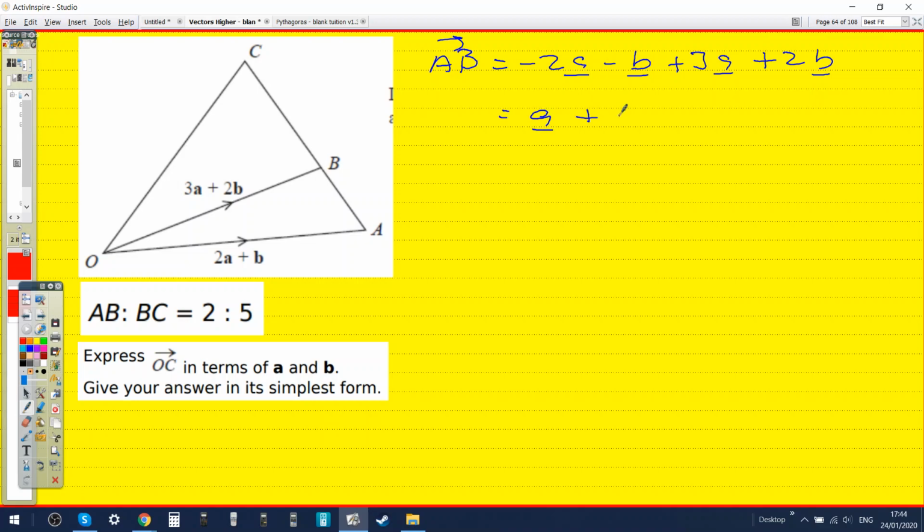No, A plus B, isn't it? Yes, you're right. A plus B. Sorry, I couldn't see the last. So express OC in terms of AB.